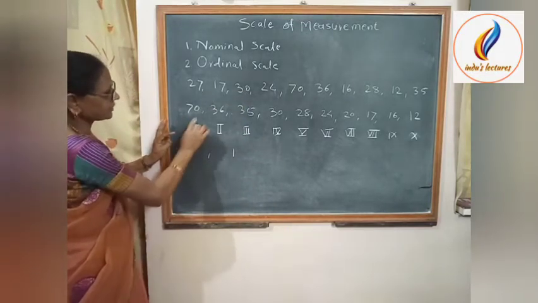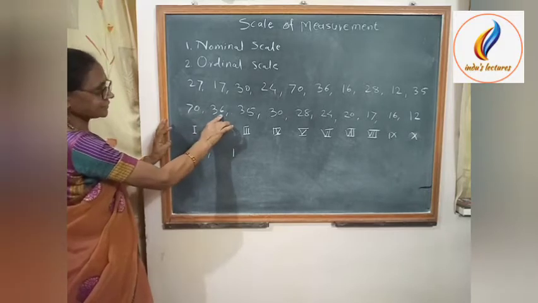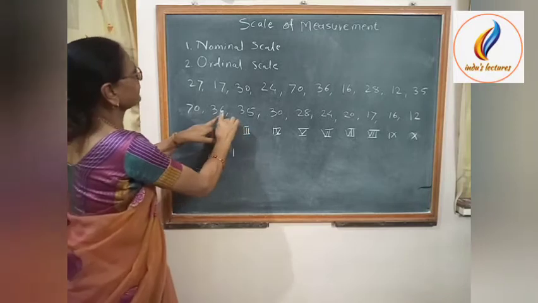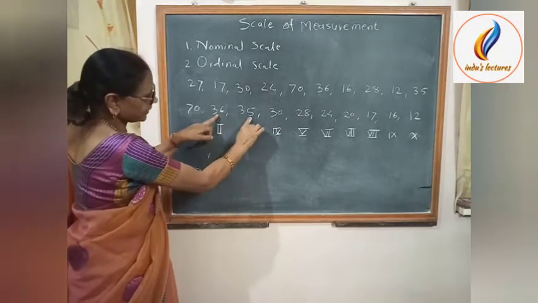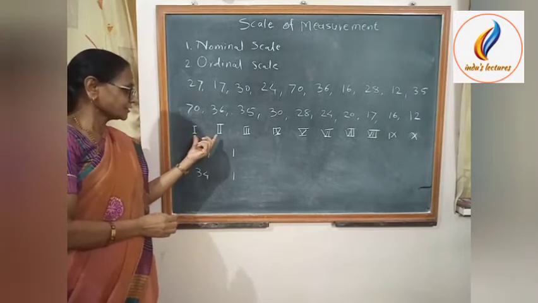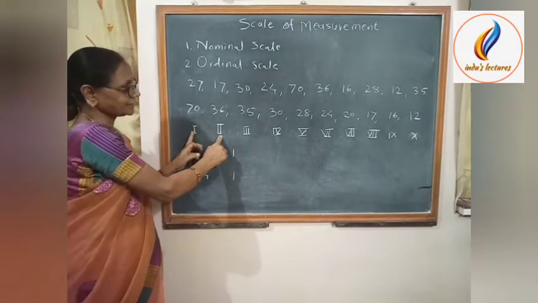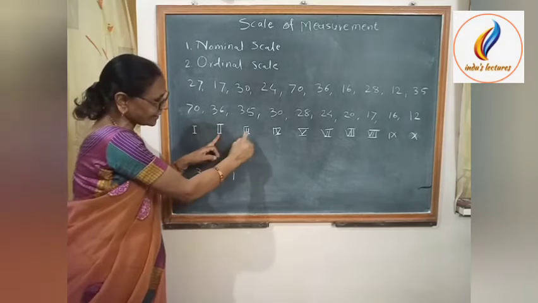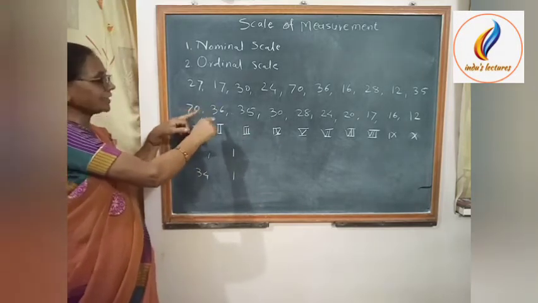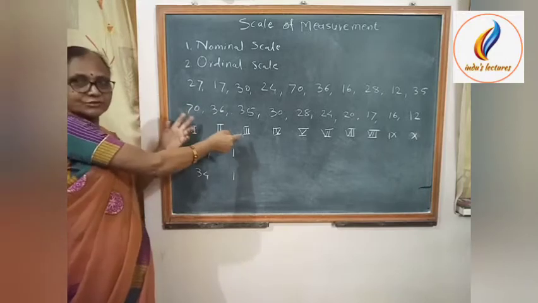The difference between 70 and 36 is 34, and the difference between 36 and 35 is 1. That means the difference between first and second rank equals the difference between second and third rank, but there is not an equal difference between the corresponding scores.